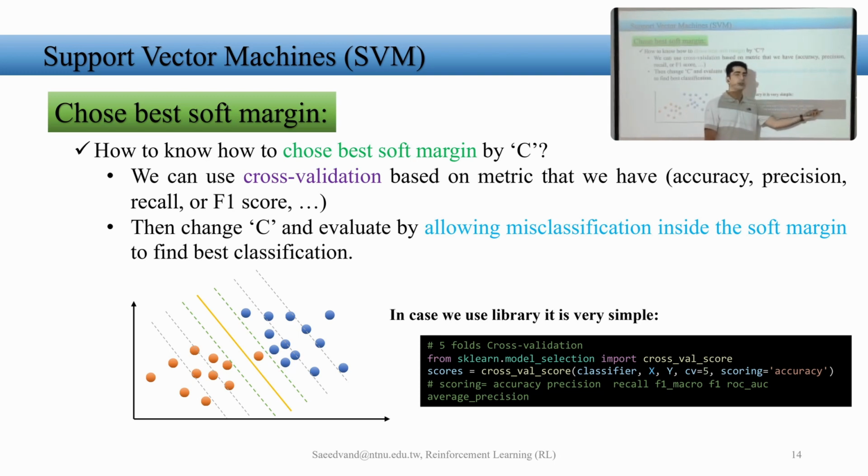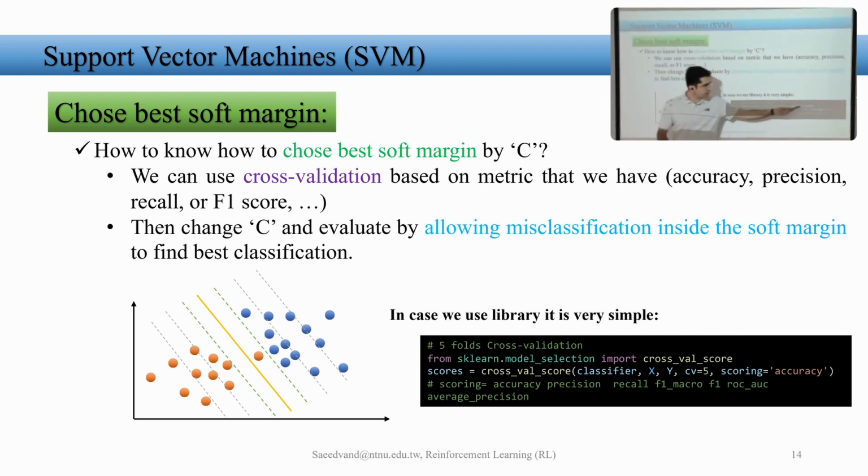And what is the scoring metric that we have? We already studied accuracy, precision, recall, F1 score. So, for example, I put accuracy here for you. So exactly what we studied in the last lessons comes in 1 line here. You can give the parameters as input, then it can do cross-validation on the classifier, the model that you have, on the data that you have, X and y, a number of folds, and the metric that you want.